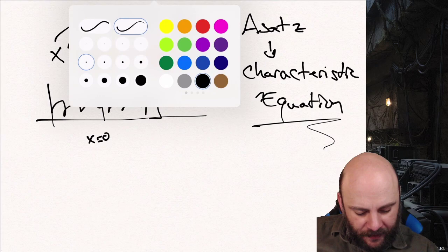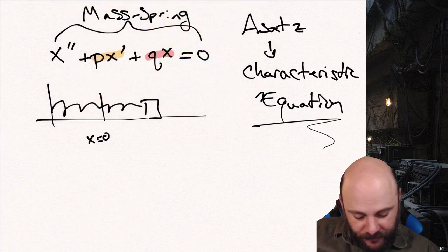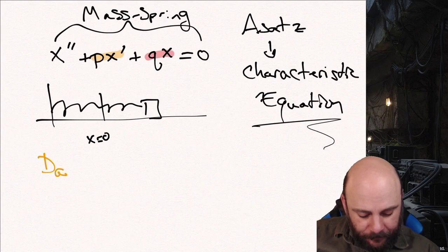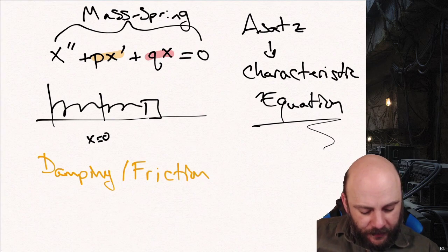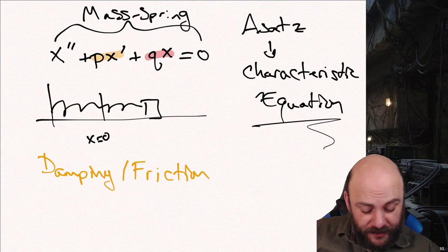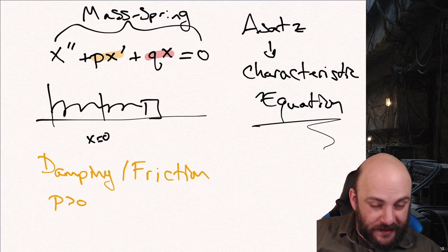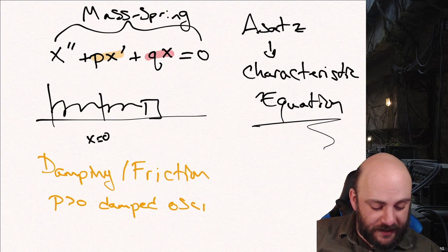Now the orange term there, px prime, what was that supposed to represent? This was our damping, also known as friction. There are several important cases here that we need to consider. Basically, p greater than 0 means there is a lot of friction and you're going to have damped oscillations, which is exactly like it sounds.